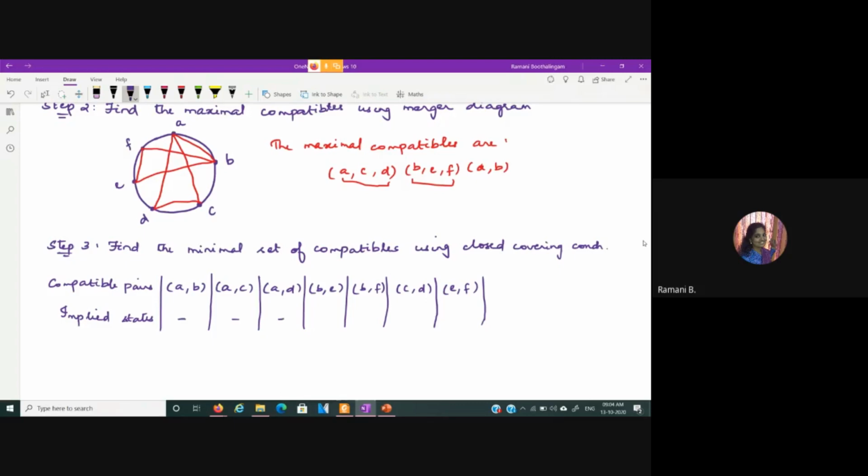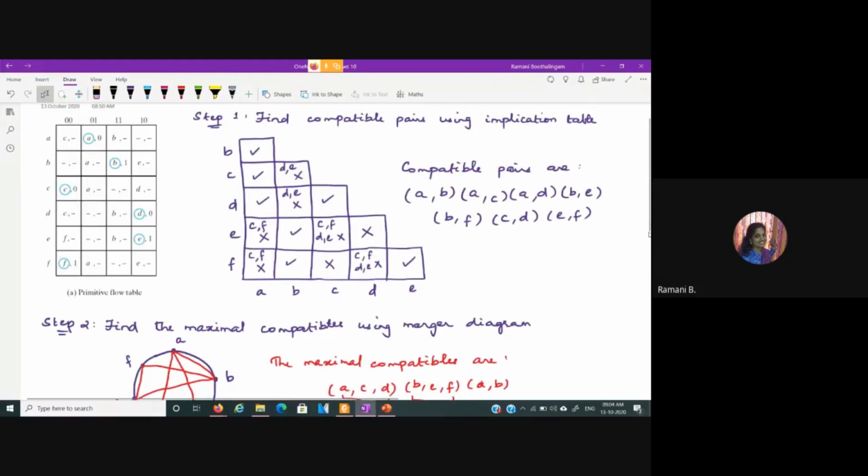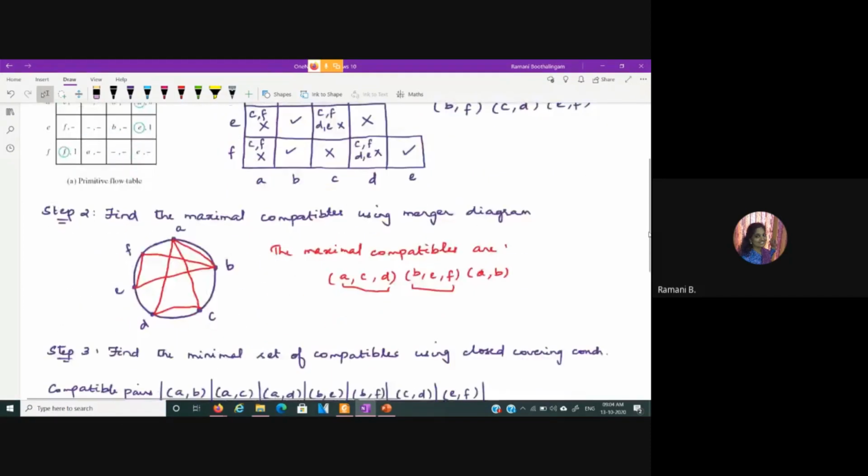That is A comma B, A comma C, A comma D did not have any implied state. Wherever we had a tick mark, we didn't have any implied state for this particular case.